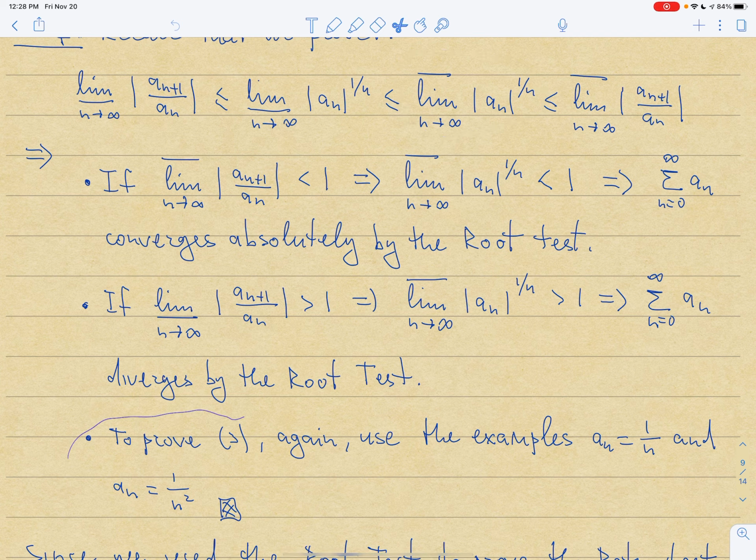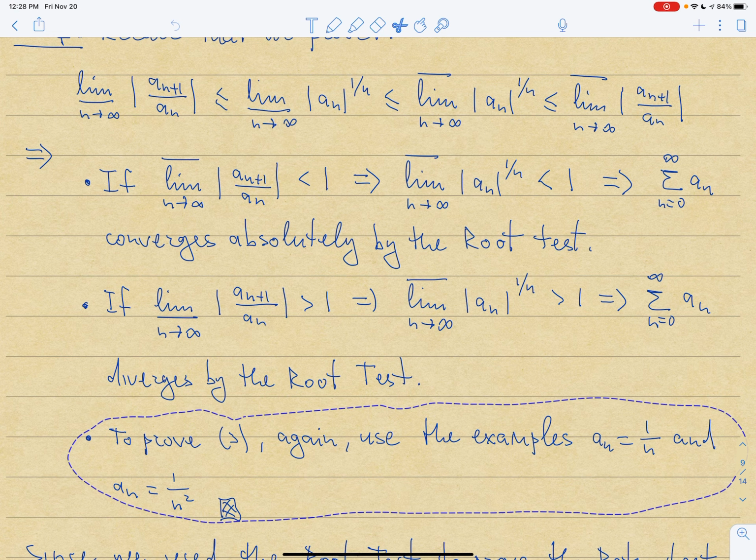I'm not going to prove number 3, but the way to do it is to do exactly the same thing as we did in part 3 of the root test. You just show that for two examples, a_n equal to 1/n and a_n equal to 1/n squared, we're going to get that lim sup is greater or equal than 1 and lim inf is less or equal than 1.